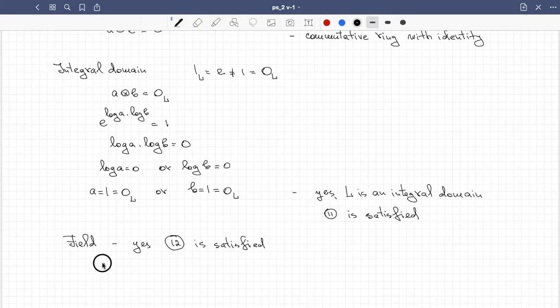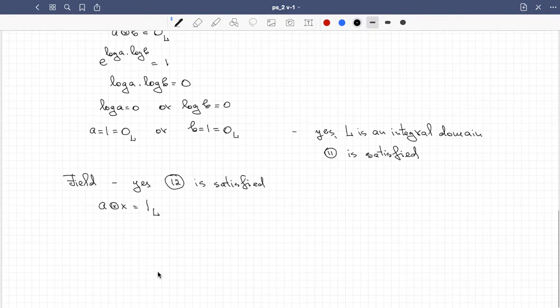Meaning the equation a times x equals 1 in L can be easily solved. It has a solution, x is the exponential of 1 over log a.